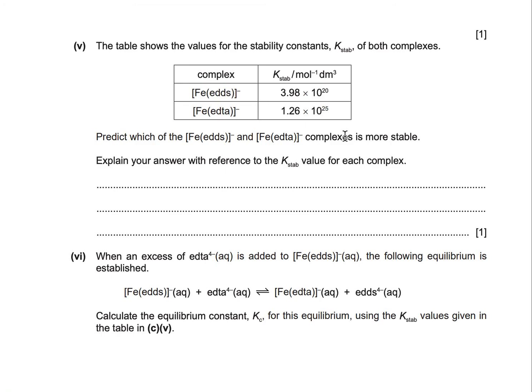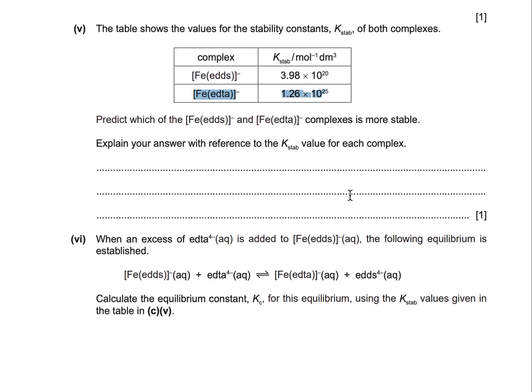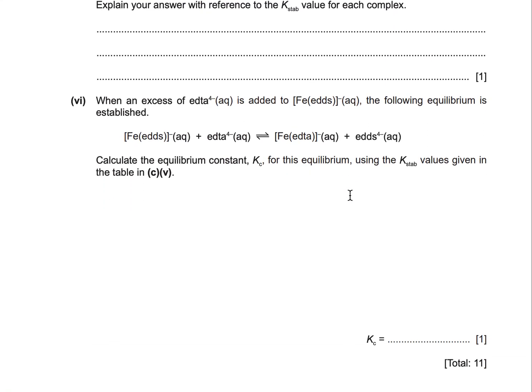We look at the powers first. It's 25 over here and 20 over here, which means that this is more stable. So we just write that FeEDTA is more stable because it has a higher K stab value than the one of FeEDDS. That's what you write.